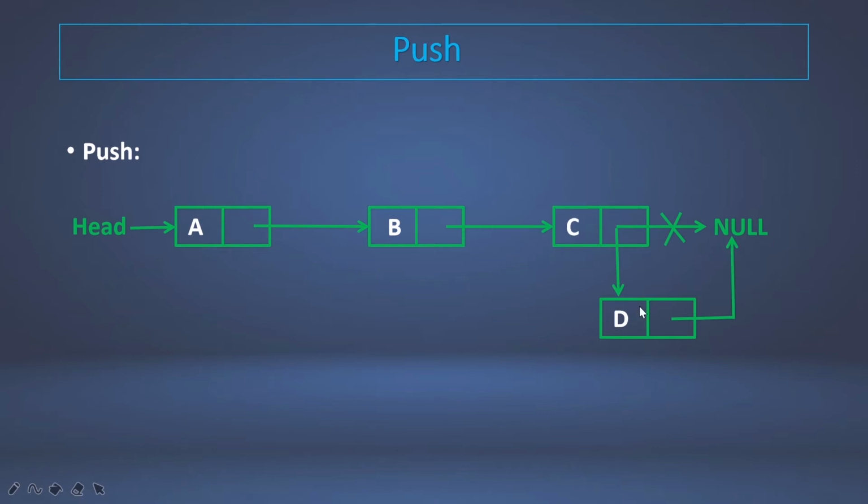So you have to insert the node at the end of this linked list. For that, first of all, you have to find the last node of this singly linked list. Then you will give the address of the new node to the next pointer of the last node. Then the next pointer of the new node will be null. In this way you can make the push operation, right?